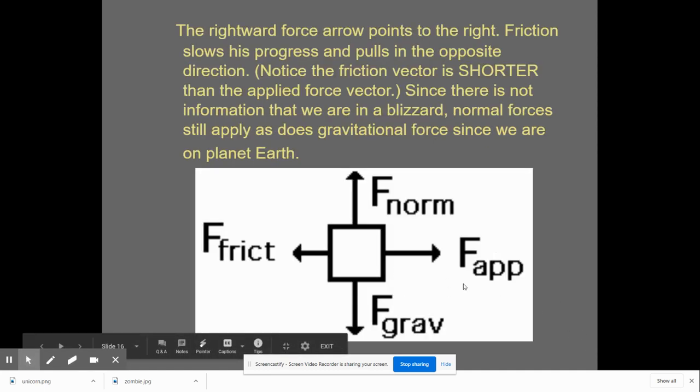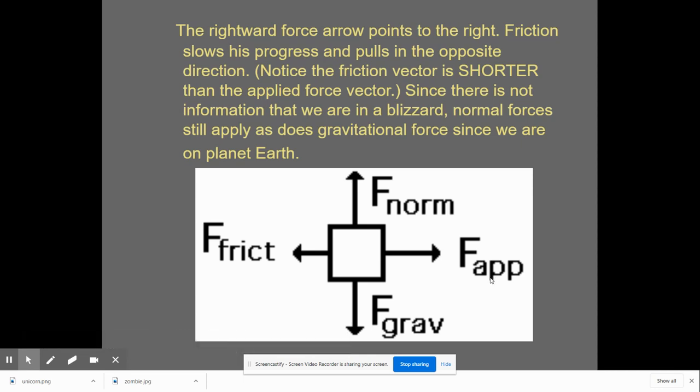All right, so here we go. Yeah, I did. I was remembering correctly. I would probably label this tension force, but they called it an applied force. We've got a rightward force arrow this way. Friction is going to slow the progress and pull in the opposite direction, but notice that the friction vector is shorter than this one because I've got to have an overall rightward acceleration.